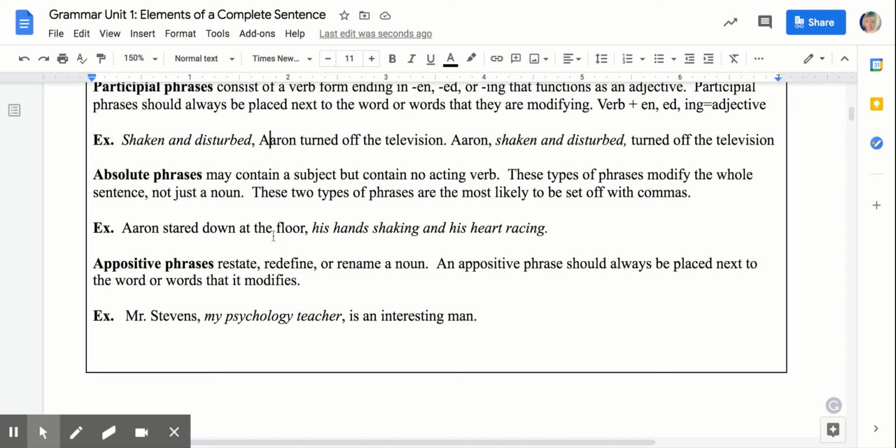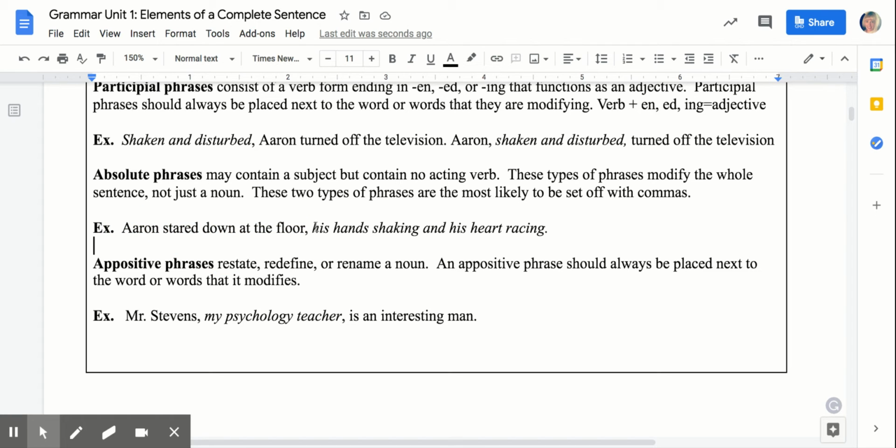So take a look at the example. Aaron stared down at the floor, comma, his hands shaking and his heart racing. Notice how we have nouns, or subjects, but no verbs. So his hands shaking and his heart racing essentially modifies or gives us more information about this sentence as a whole.